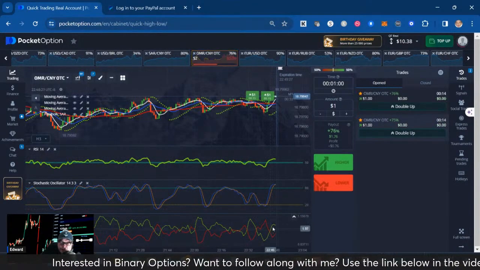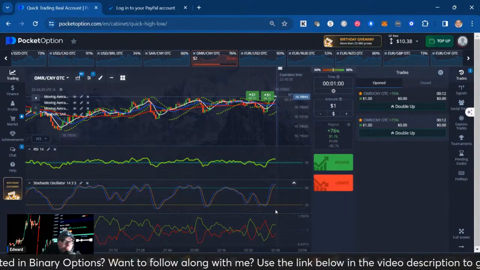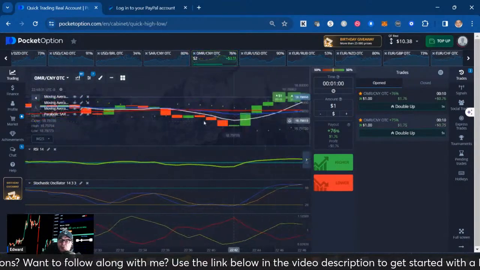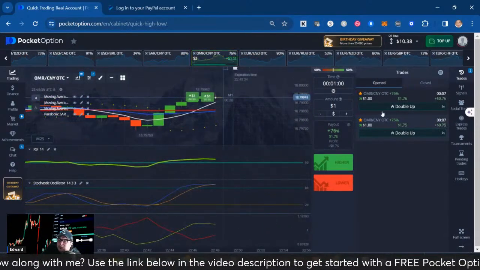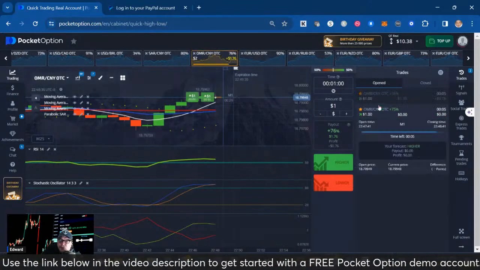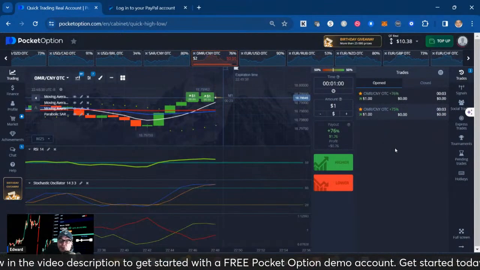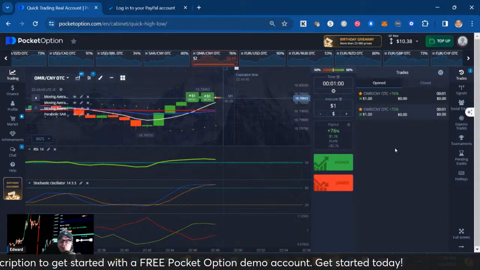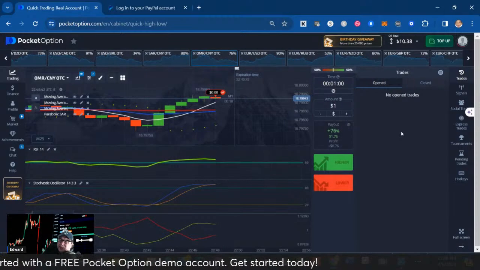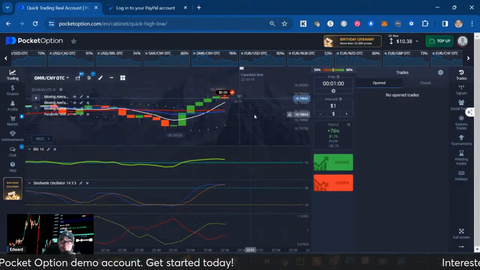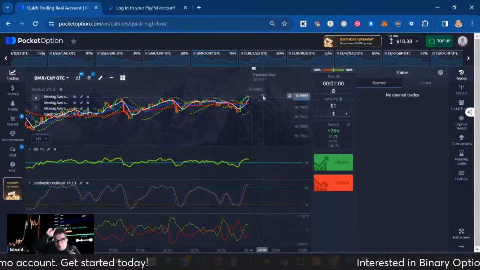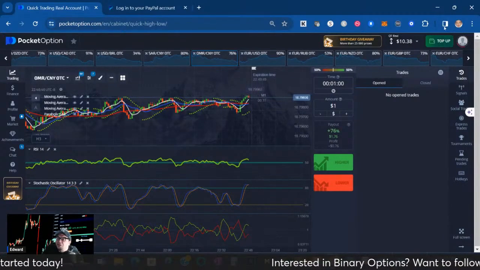Everything is up except for a slight curling down of the vortex, but everything else was looking good. So shoot, I missed that double up. Four, three. Oh, I didn't get anything out of that. Yikes. It was looking good all the way up until, yeah.